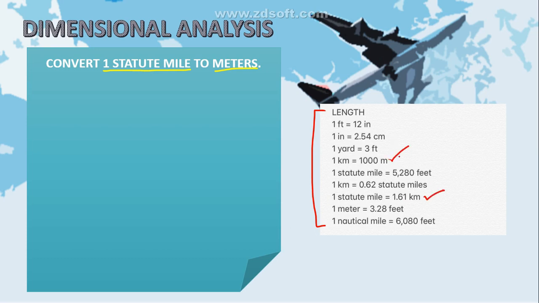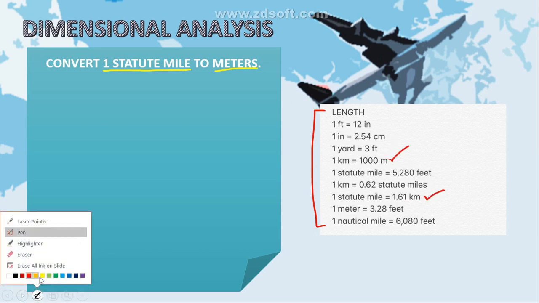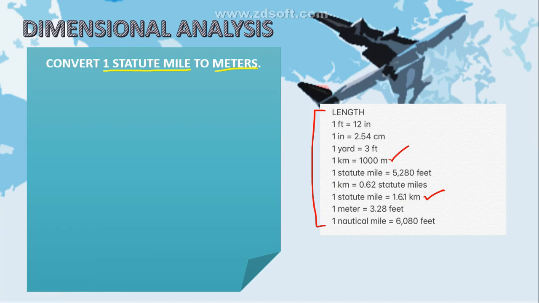Or we have another way, which is we can convert statute mile to feet and then feet to meter. So we have two ways. So let's try the first way. Let's see if the answers will be the same. So the first way is that we will convert the statute mile to kilometer and then kilometer to meter.